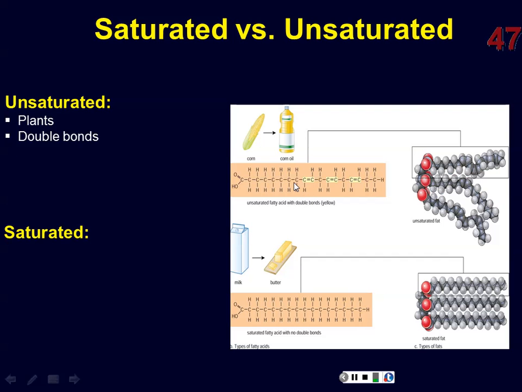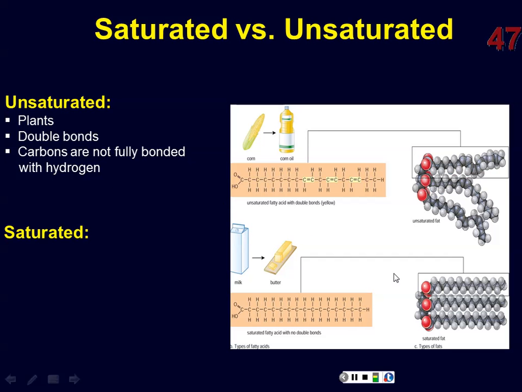It's got a double bond there with that carbon, so it doesn't need any more electrons, right? So you have a hole right there. That's what unsaturated means. It means that this carbon chain is not saturated with all the hydrogens it could possibly hold because it has these double bonds. So the carbons are not fully bonded with hydrogens. That's why it's called unsaturated.